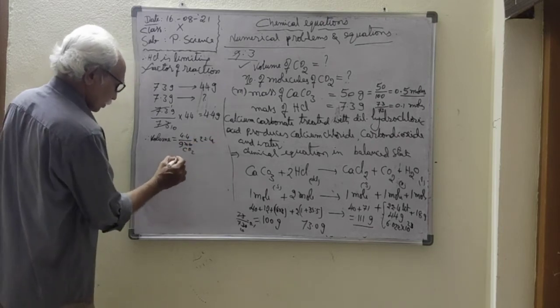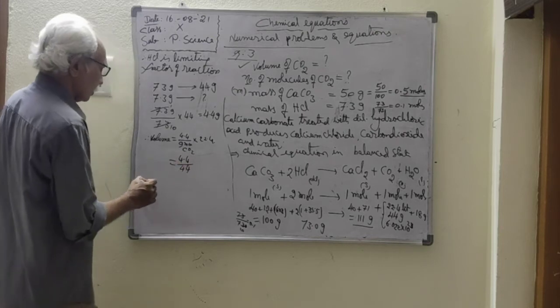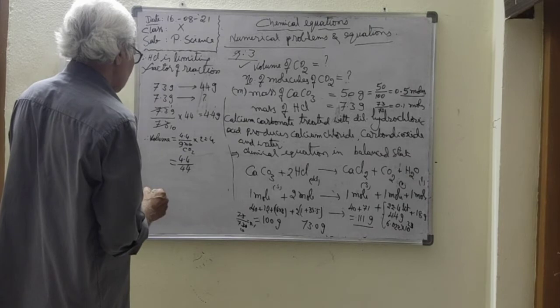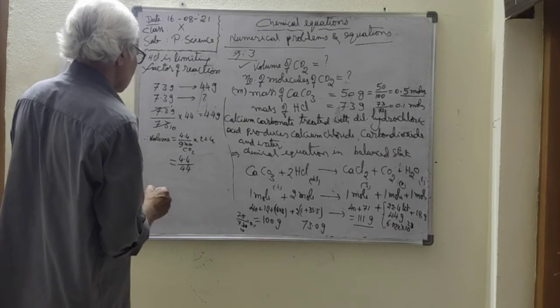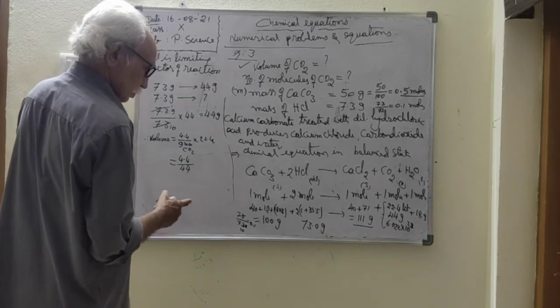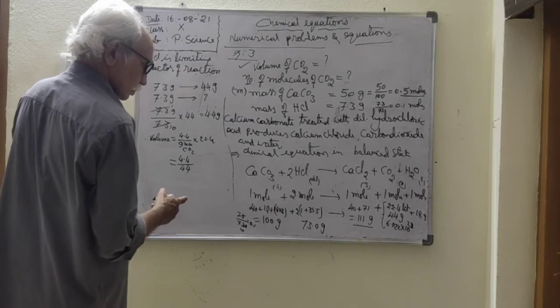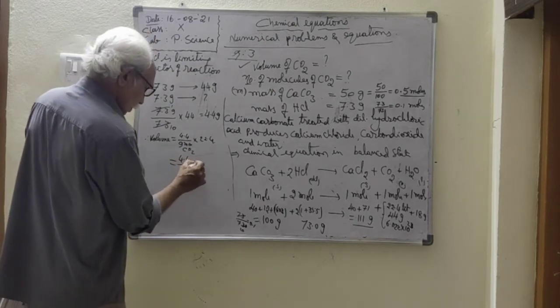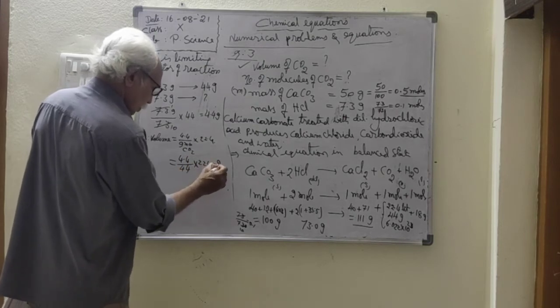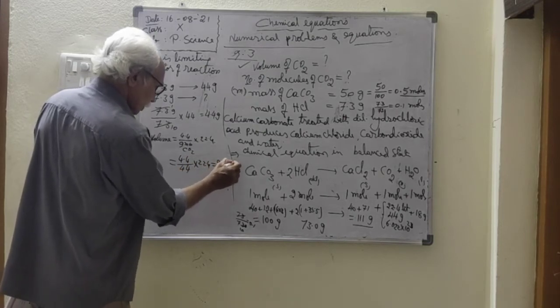So 4.4 by 44 into 22.4 liters is equal to 2.24 liters.